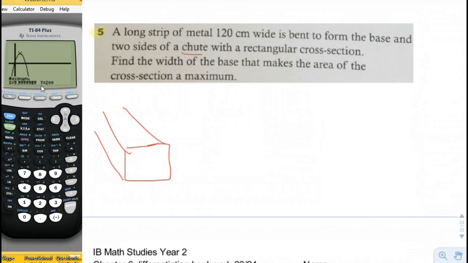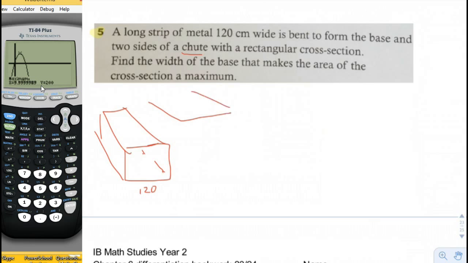Okay, and again I'm going to draw a diagram because that helps. Okay, it says a long strip of metal is 120 centimeters wide, is bent to form the base and two sides of a chute with a rectangular cross section. Find the width of the base that makes the area of the cross section a maximum.